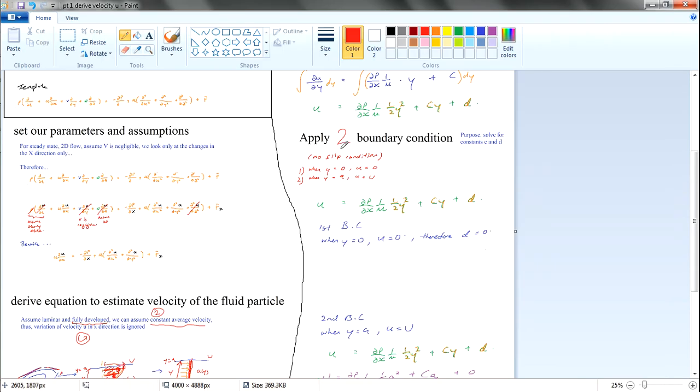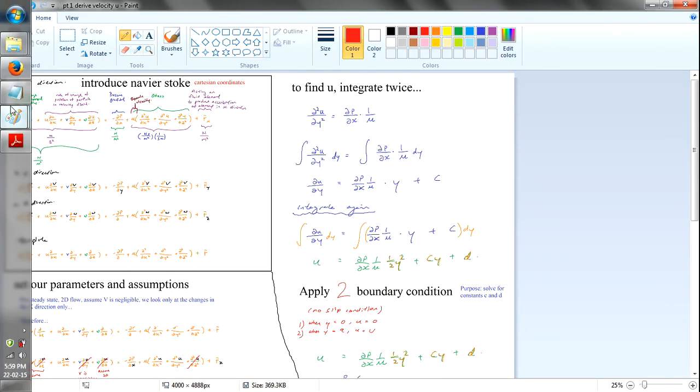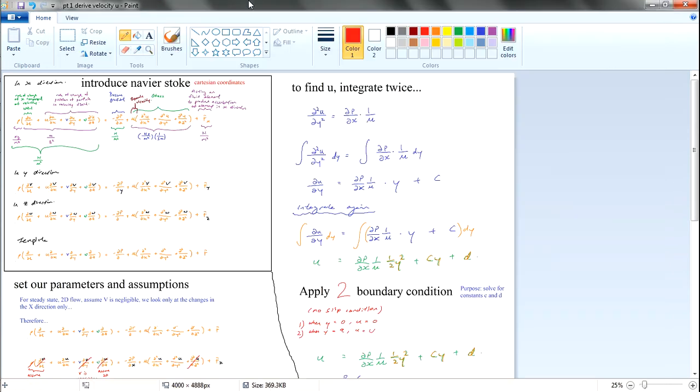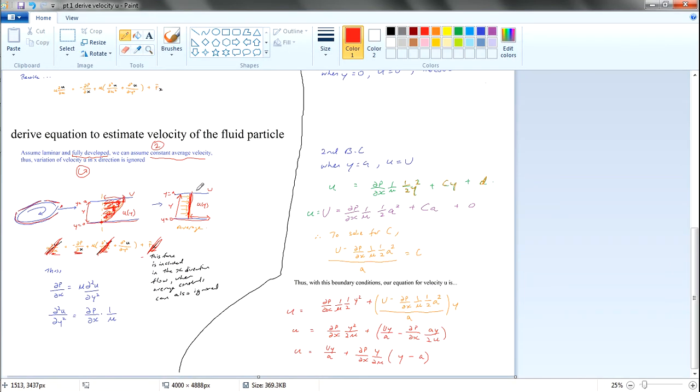I don't know why, but this is what it is. Whereas for this system, you can integrate twice and then solve for it. So this is just a trick itself.